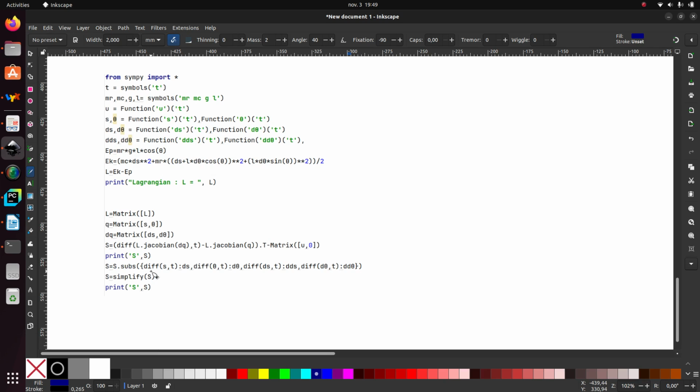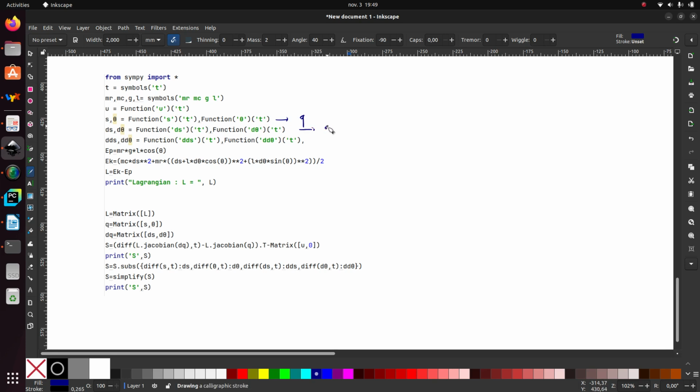In SymPy, I have to create my symbol t for the time, here for my parameters, and I will create my function which depends on t. So my function will depend on t, we will have u. Here it will correspond to q, the vector q, the degrees of freedom s and theta.